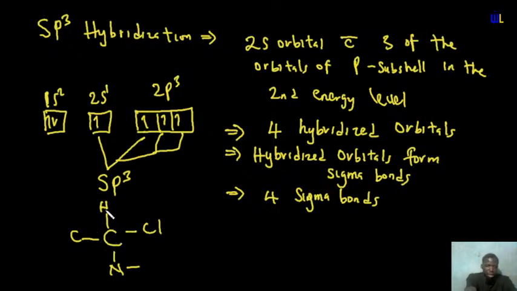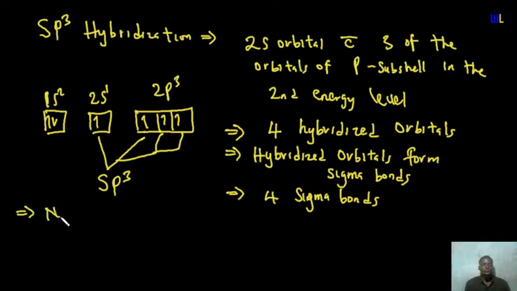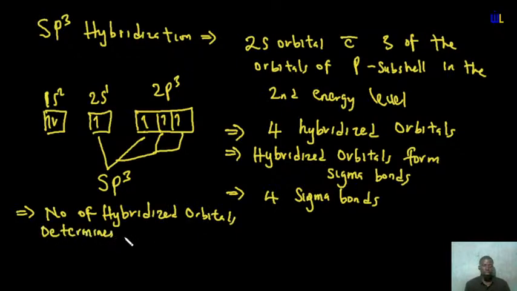So, having said that, the implication of this is the next point to note: the number of hybridized orbitals determines the number of atoms attached to a carbon atom.